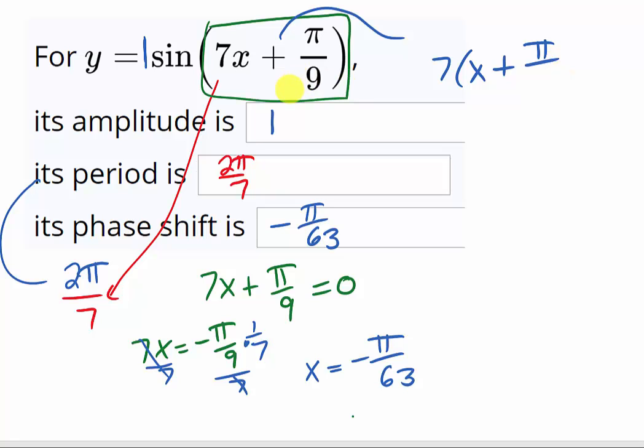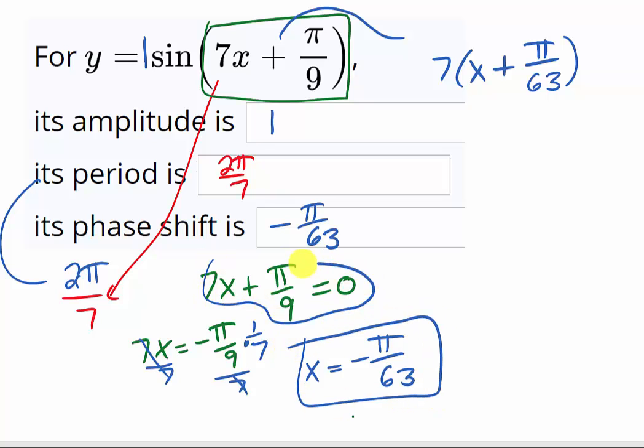Well, you need to put a 7 down in the denominator, so that if you were to distribute this back through, the 7s would cancel and leave you the pi over 9. So if you have it written like this, then you know when there's no coefficient here on the x that the phase shift is going to be the opposite sign of this, which is negative pi 63rds. Probably easiest to just do it like this, but you can do it either way.